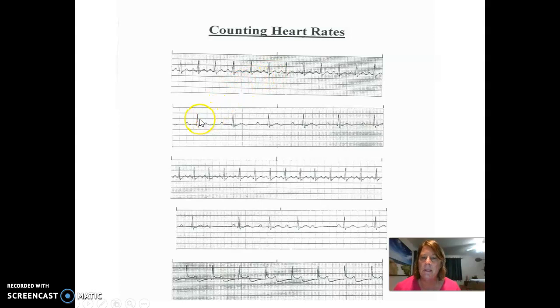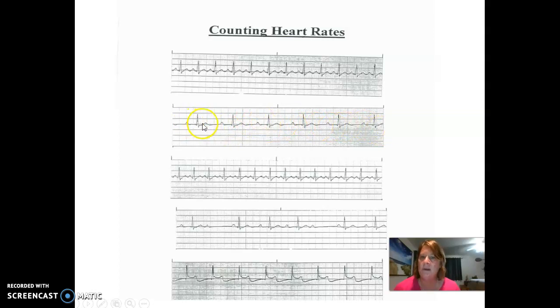Now this example here, and we'll be learning how to interpret all of these in the next few weeks, but I just want you to start getting used to looking at your waveforms and your rates. On this one right here, it looks like my spacing is pretty even. QRS to QRS looks even. In 6 seconds, I have 1, 2, 3, 4, 5, 6, so a rate of 60.